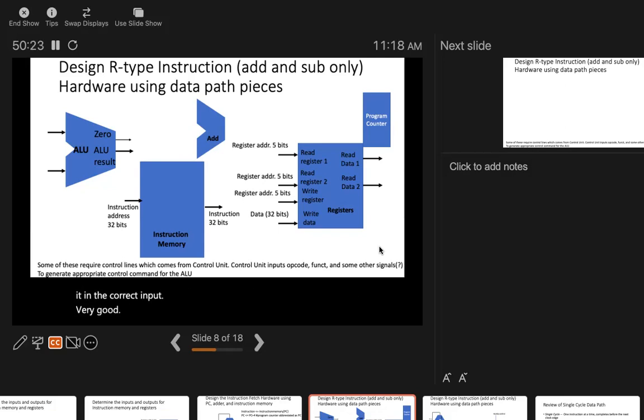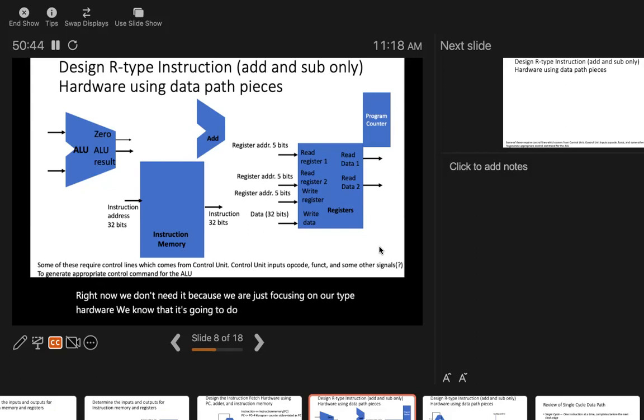Now here's the deal. This is something important to know. Your instruction is 32 bits, right? Out of which the first 6 bits is opcode. Right now, we don't need it because we are just focusing on R-type hardware. We know that it's going to do only add or sub.